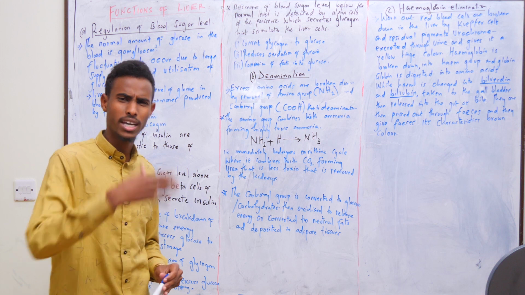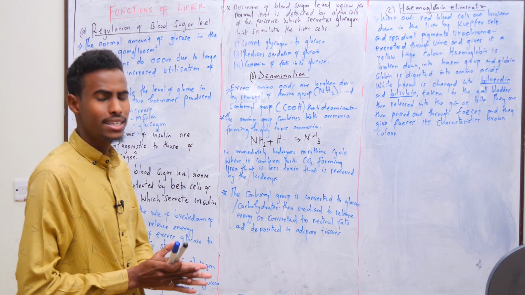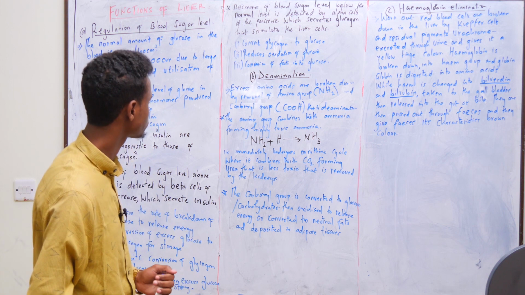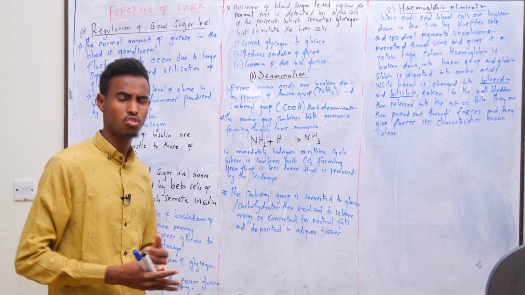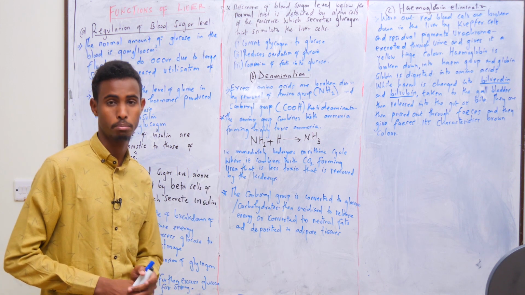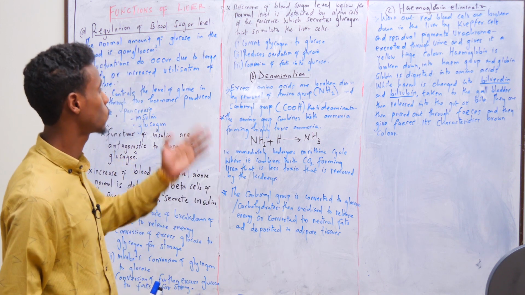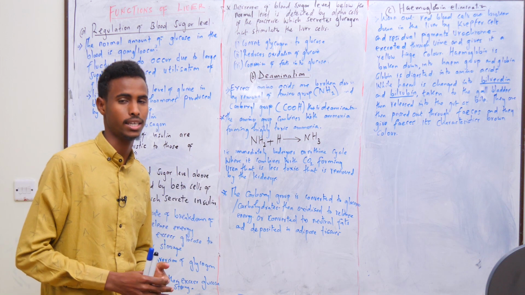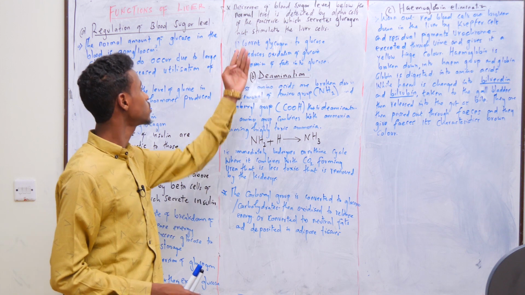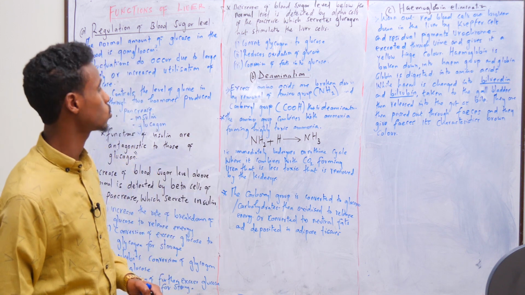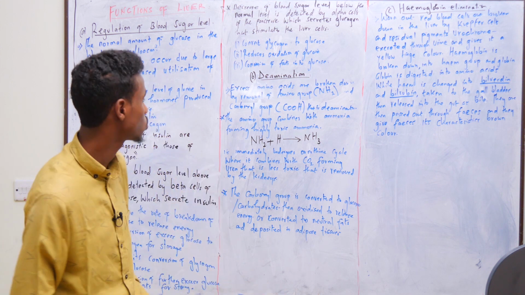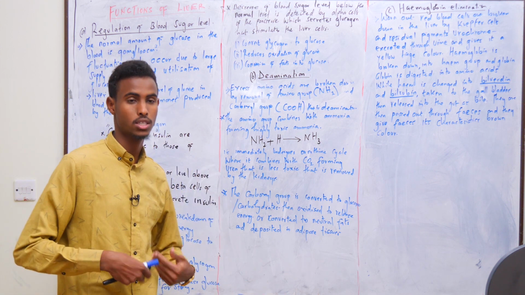Now again, what happens when there is a decrease of blood sugar level below normal? It is detected by the alpha cells of the pancreas, which secrete the hormone glucagon that stimulates the liver cells to do the opposite of insulin. They convert glycogen to glucose, reduce oxidation of glucose, or rather breakdown of glucose to release energy, and convert fats to glucose.